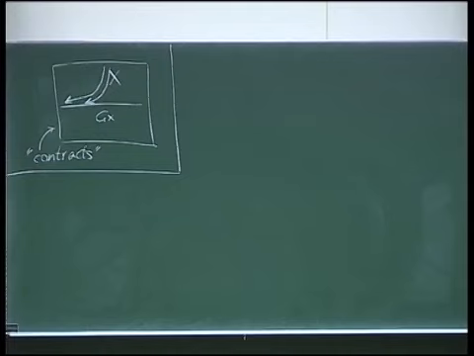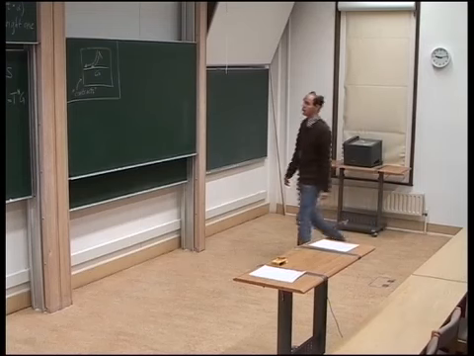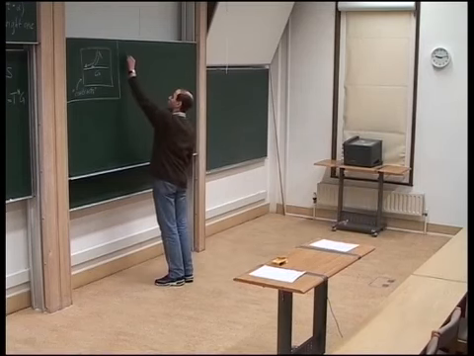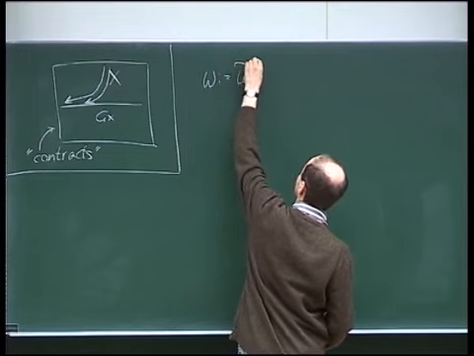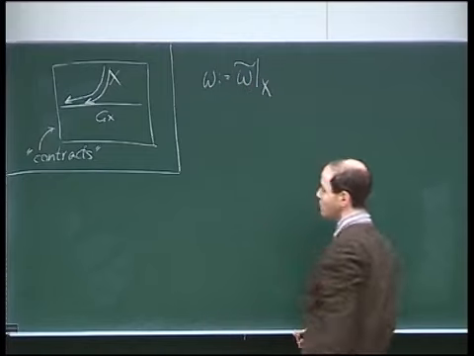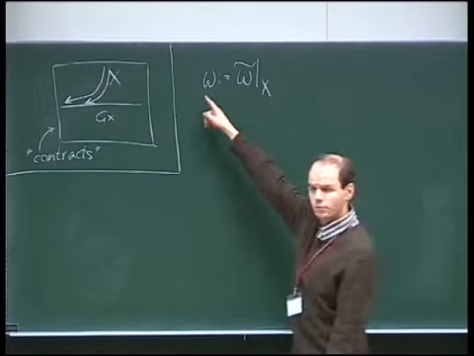Now I promised a symplectic variety, so I need to introduce a symplectic form on X. And we have an obvious candidate for it. So we put omega to be the restriction of omega tilde to X. Now let's see. So this form is definitely closed.